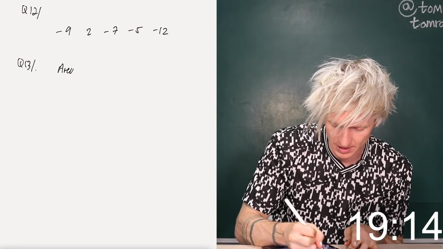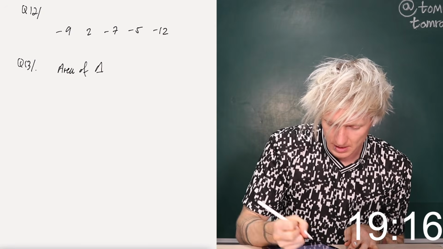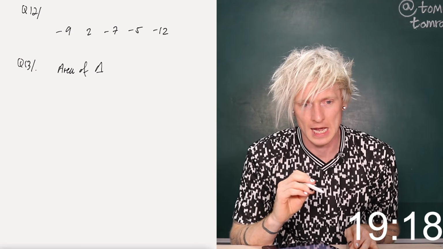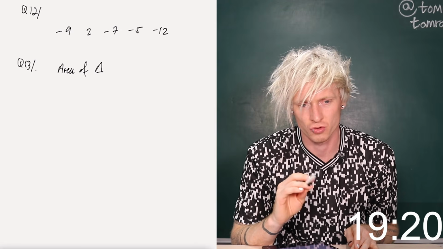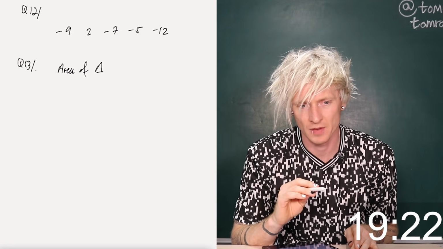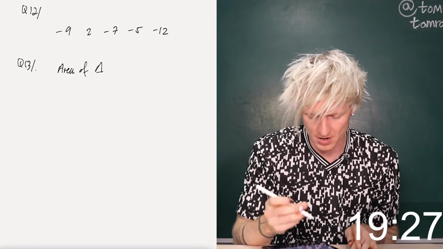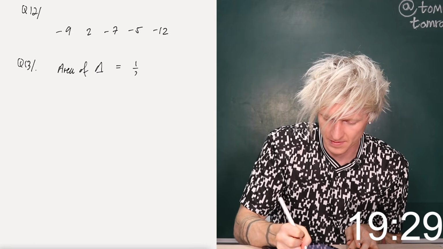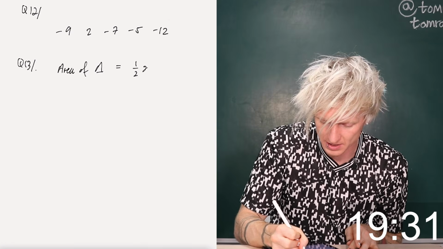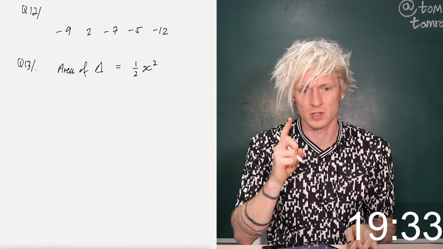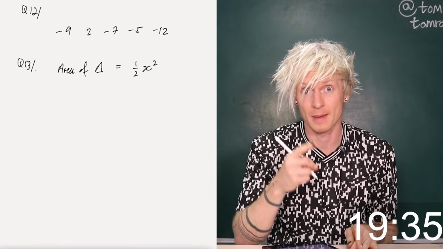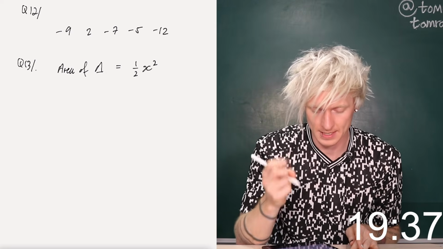So area of the triangle. Okay, and what do we know about the triangle? It's half the base times the height. It's got a right angle triangle, so the area is a half. The base is x, so it's half x squared. Okay, so it's half x squared multiplied by 8.14 has to give me the volume. So therefore I can say 102 centimeters cubed.